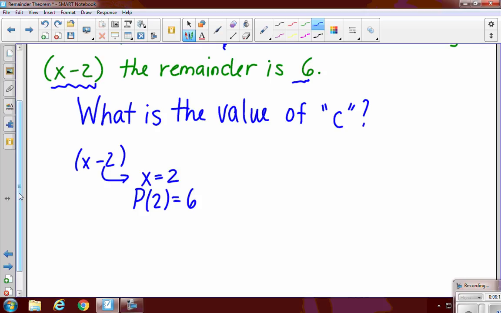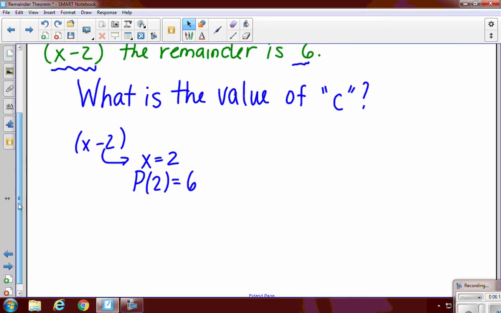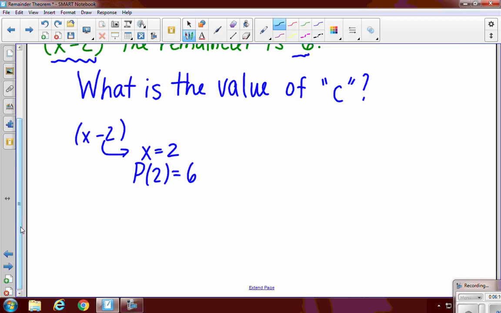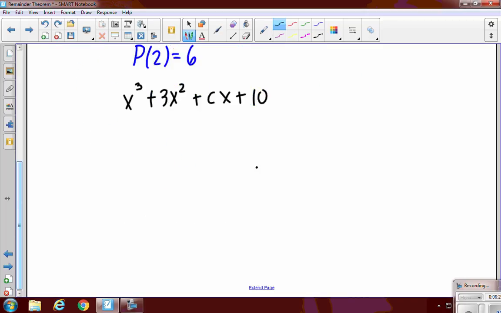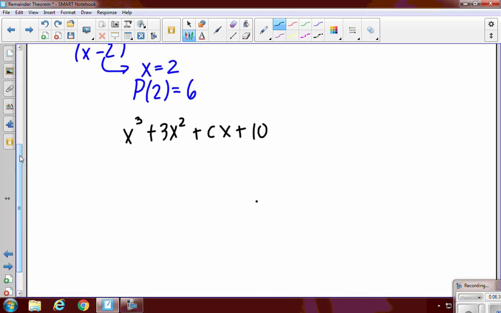So all that means is if I take that big thing, I'm going to rewrite it since I'm moving down some steps here. If I had the x cubed plus 3x squared plus cx plus 10, and I was to put a 2 into this polynomial, evaluate the polynomial at 2, so 2 cubed plus 3 times 2 squared plus c times 2 plus 10.